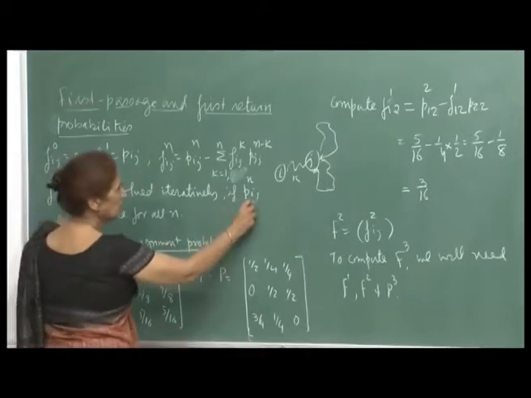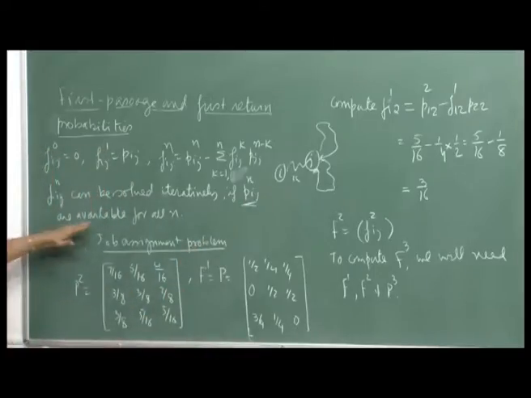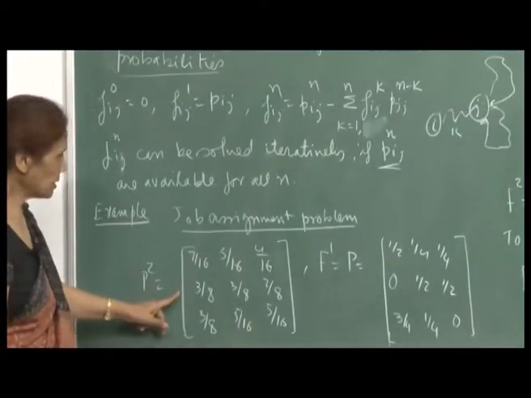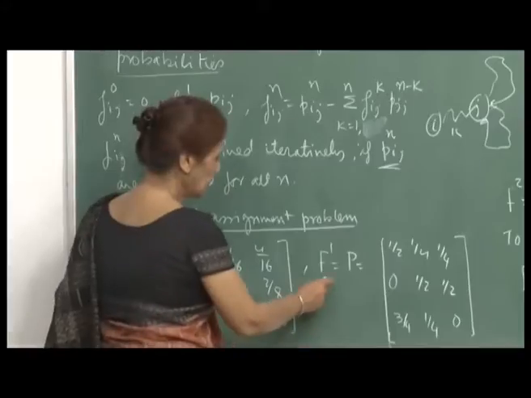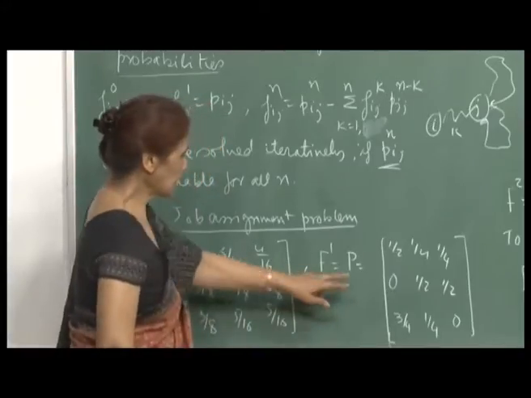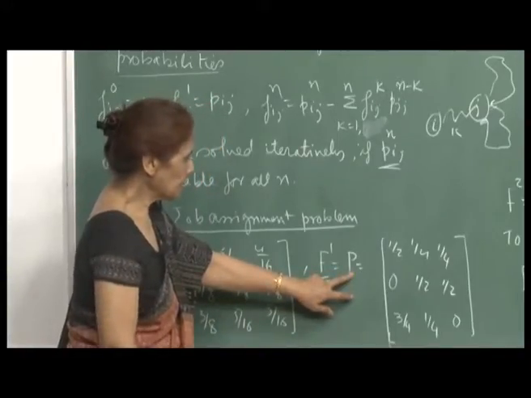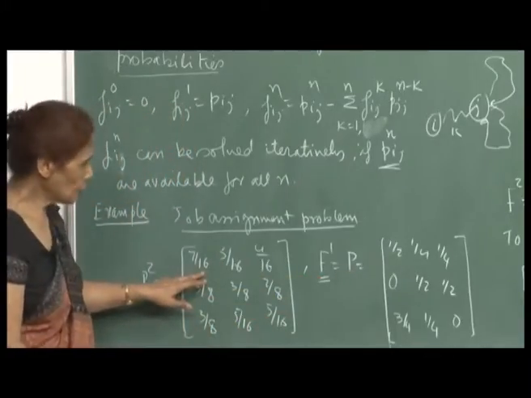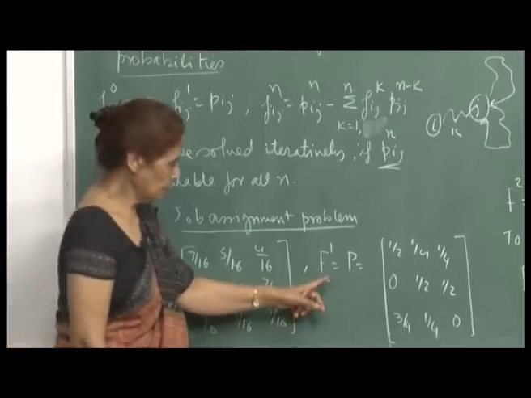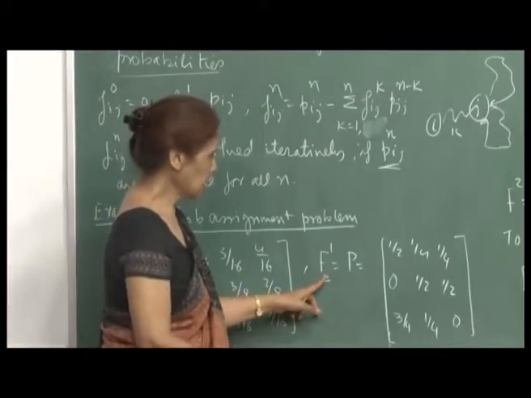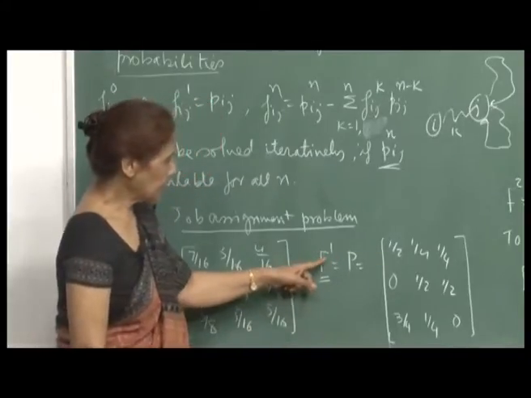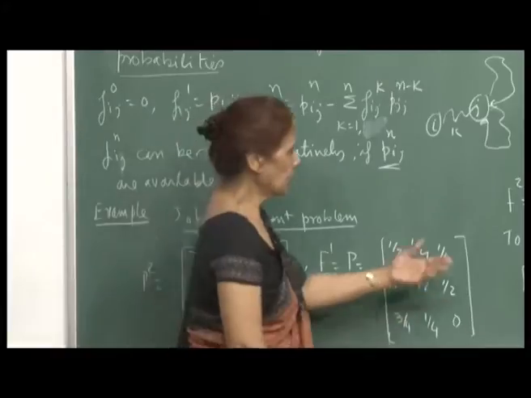But then we need the Pij(n)'s available for all n to compute this. So just look at this example again, the job assignment problem. We have P squared is this and your F1. Here we are using the notation that just as P is the matrix of one step transition probabilities, P squared is the matrix of two step transition probabilities. We will also denote the first passage transition probabilities by the matrix F1, then F2 and F3 and so on.